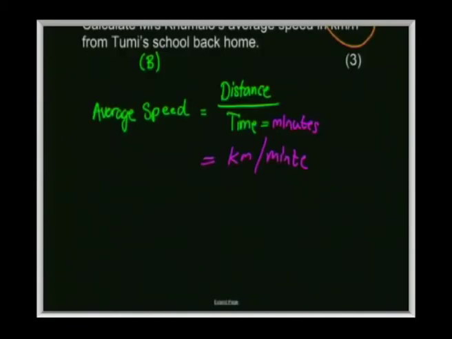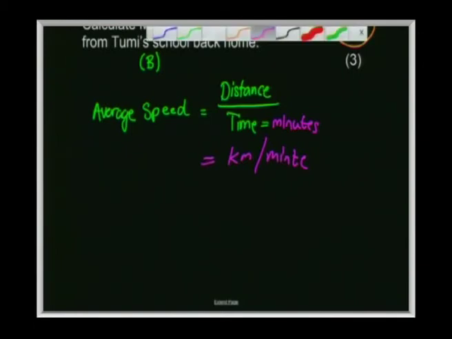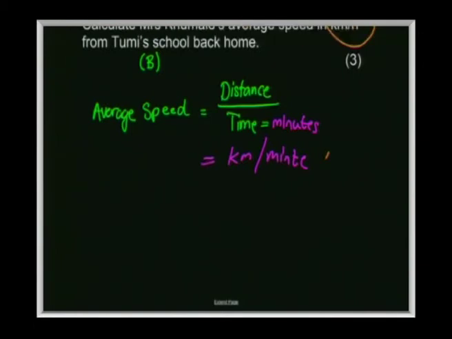But do you want your answer in kilometers per minute? No. You want your answer in kilometers per hour, and since there are 60 minutes in an hour, you multiply by 60 to get your answer in kilometers per hour.